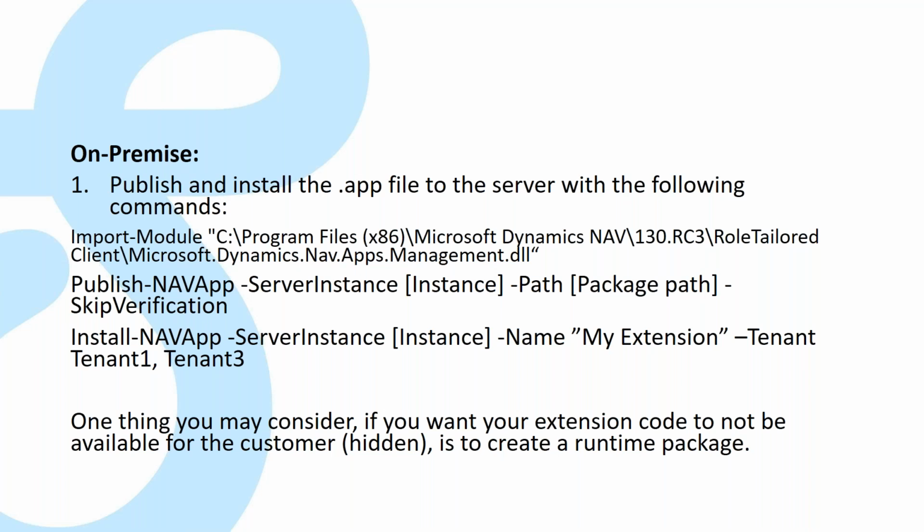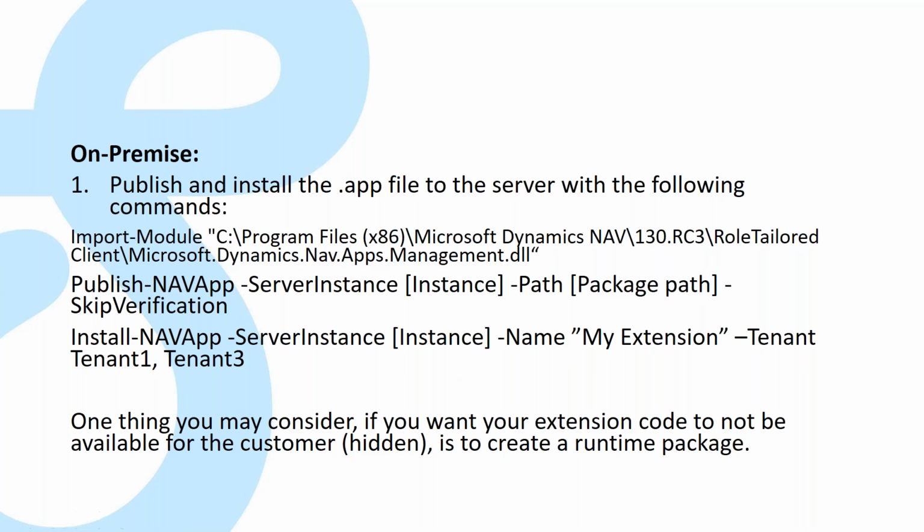Since it's the on-premise version, you have to use the skip verification parameter, which tells it to skip the errors if there is a missing signature for that extension. This is the only way we could publish our extension to that server.